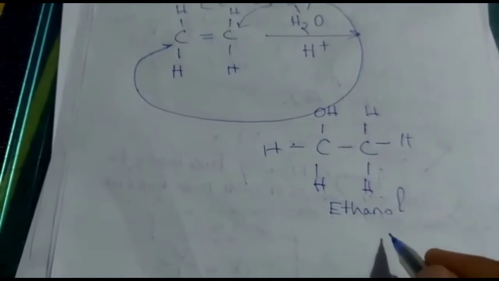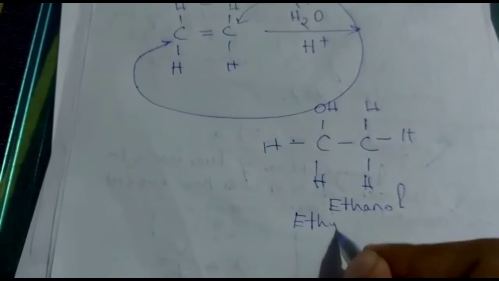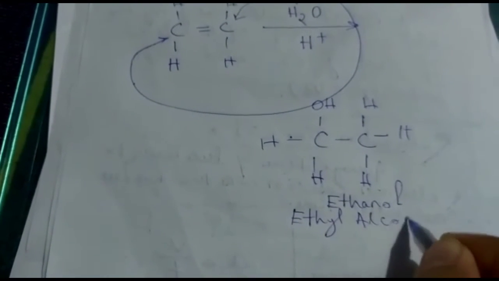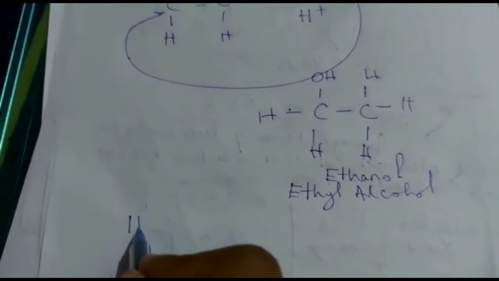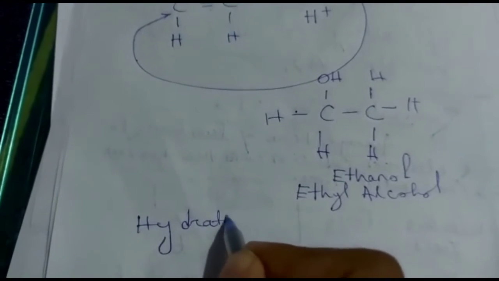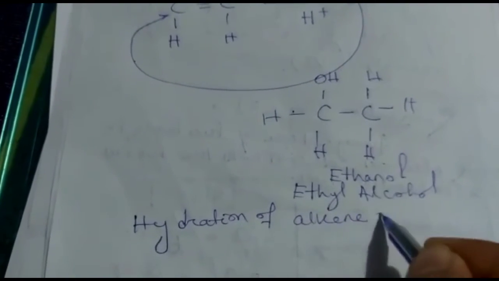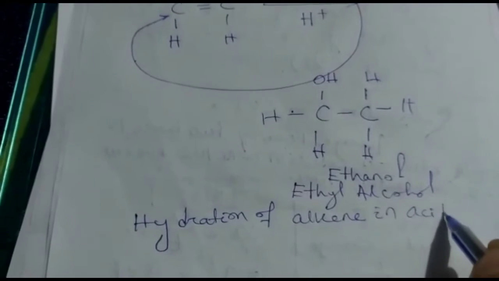The name of this alcohol is ethanol. The IUPAC name is ethanol and the common name is ethyl alcohol. You can say this reaction is otherwise known as hydration of alkene in acidic medium.